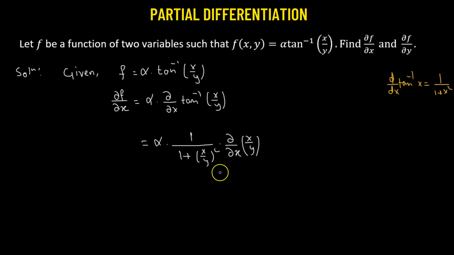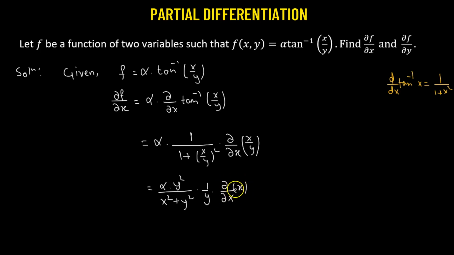Fine, so this gives us alpha times y squared divided by x squared plus y squared. Now since we're taking the partial derivative with respect to x, y will be treated as a constant, so we can pull it out of the derivative. So we have 1 over y multiplied to the partial with respect to x of x.